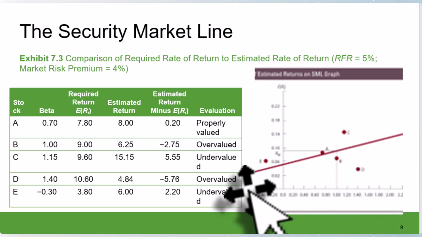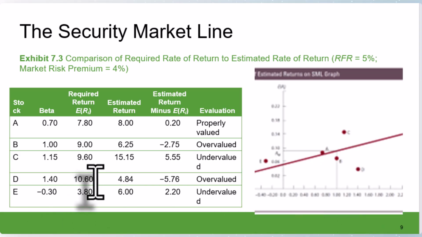For some reason, this stock should be paying us higher than it actually is. So when we compare the required rate of return to the estimated return over a specific investment horizon, it gives us clues as to whether or not we should purchase or divest of particular assets.